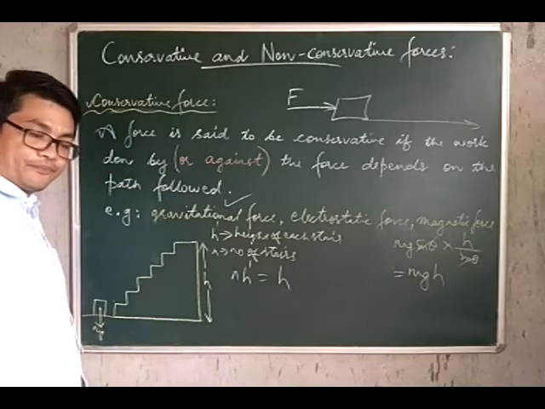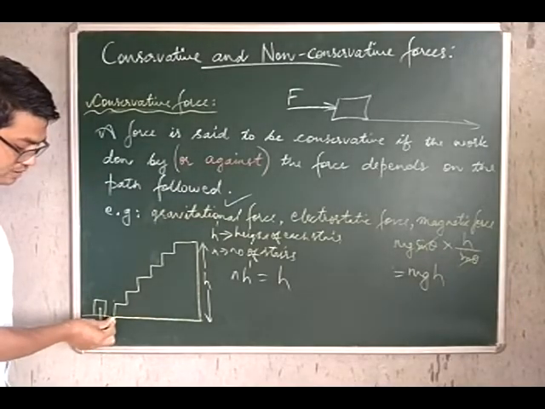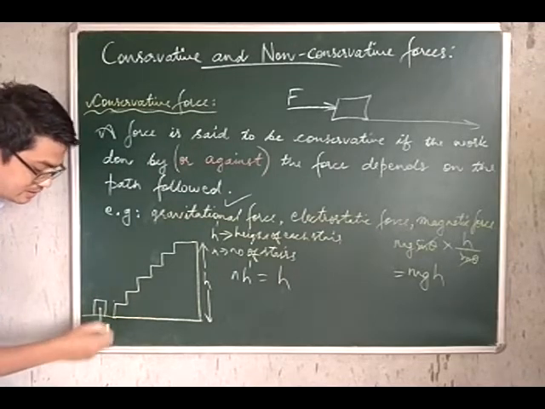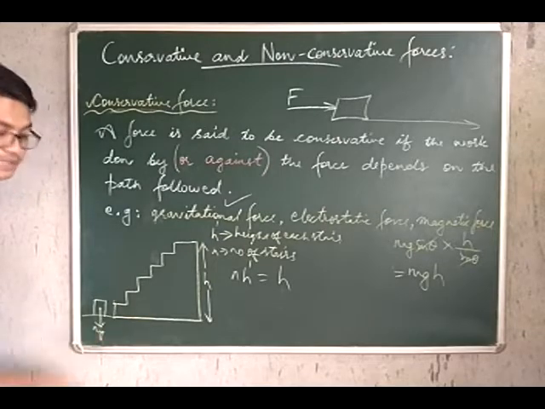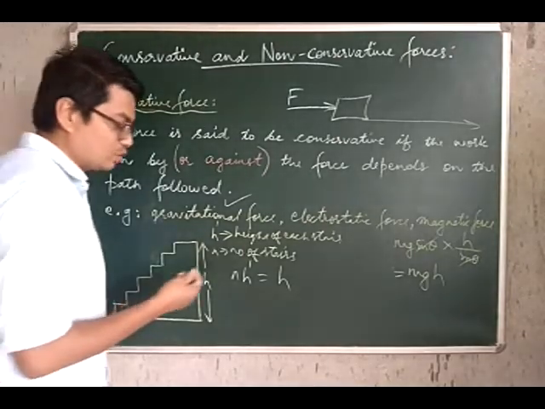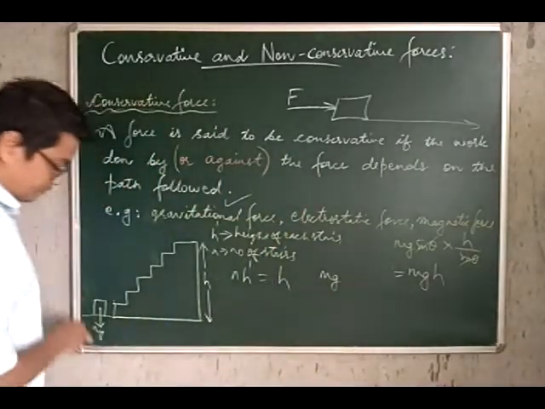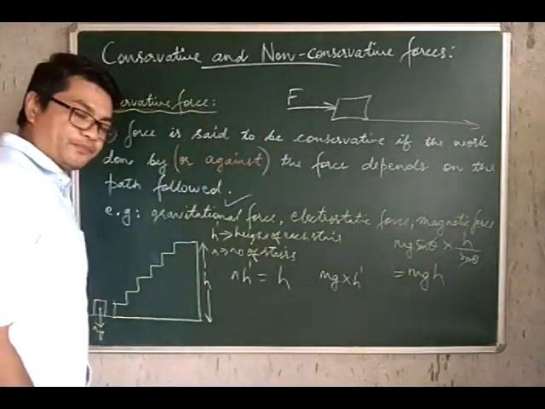Okay, so in order to take this body from this point to this point, understand it very clearly, moving it by a vertical height h dash, what is the work done? The work done is mg, the force of gravity, into h dash.